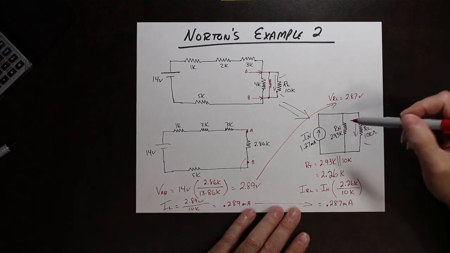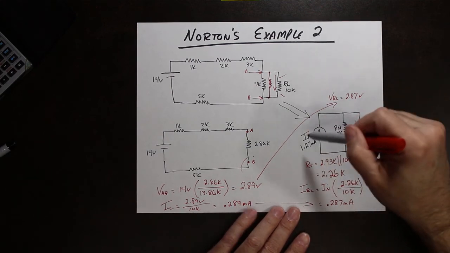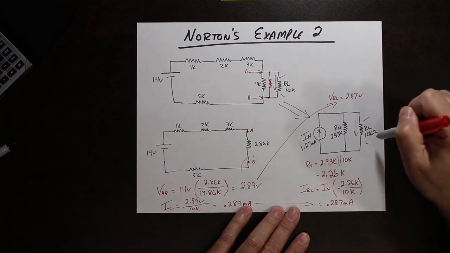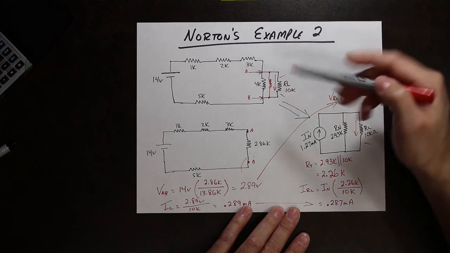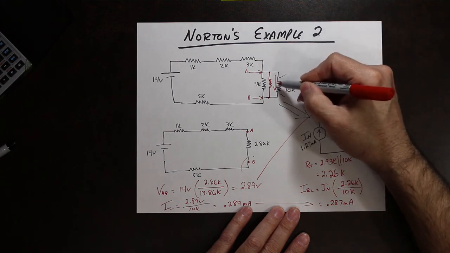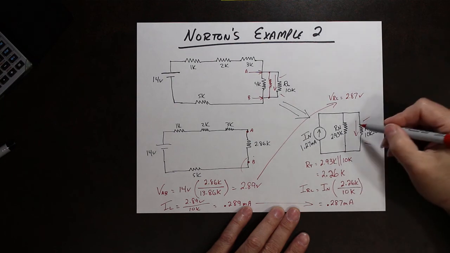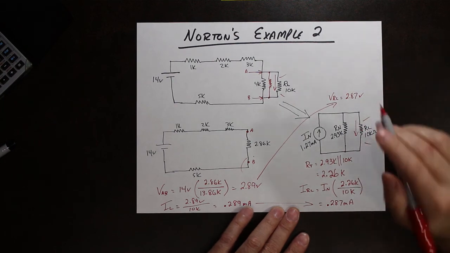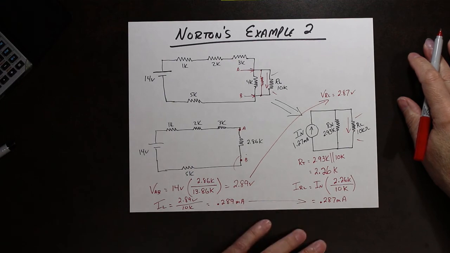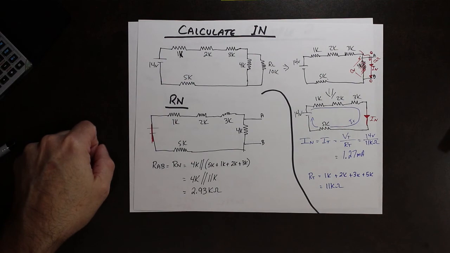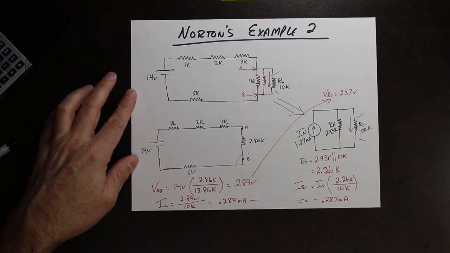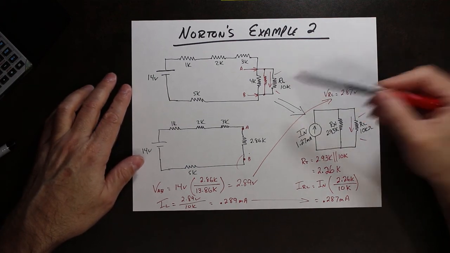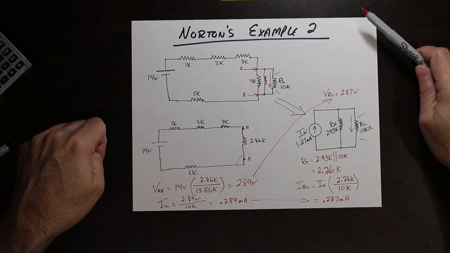So there is our proof that what we calculated as Norton's equivalent matches the original with respect to the load. Again, we're looking for the load current. The load voltage must be the same as the load current, load voltage, in order for these things to be equal. So again, here is our procedure, our simple calculation. This is our final result.